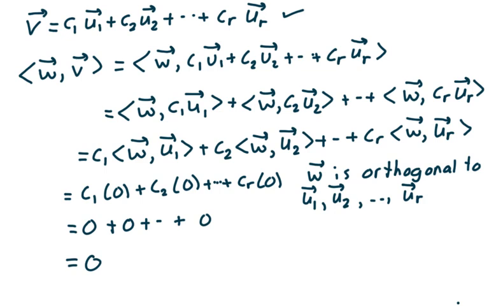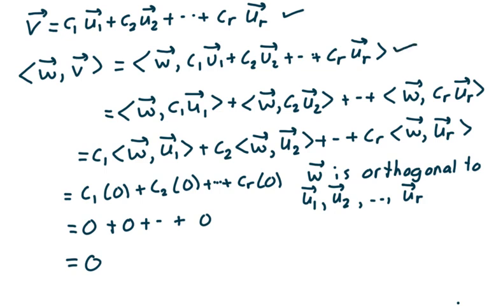So now what we're going to do is take the inner product of W and V, but I'm going to replace V with C1 u1 plus C2 u2 plus ... plus Cr ur. So in other words, the inner product of W and V is equal to the inner product of W and C1 u1 plus C2 u2 plus all the way through until Cr ur.